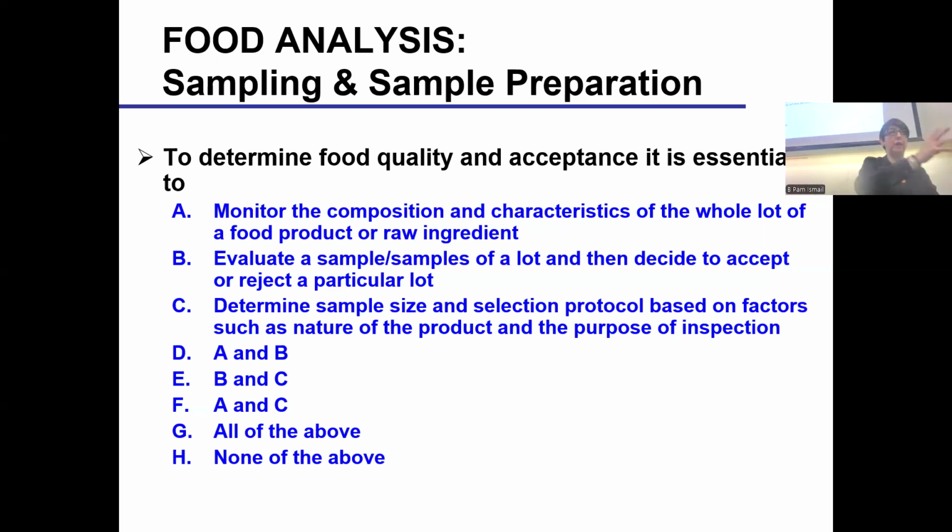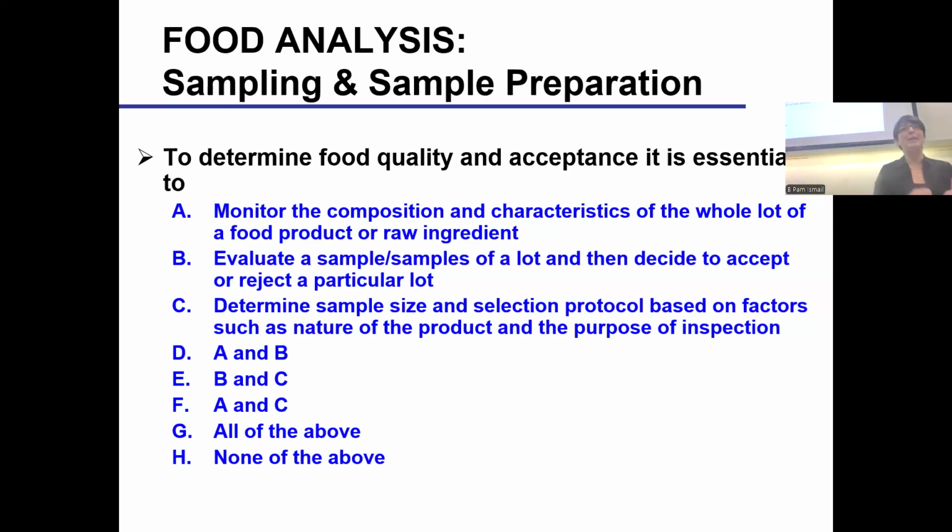So like your grains are all going through the metal detection and it's not destructive and the whole lot can go through. But when you have tons and tons of material and you just want to look at a compositional analysis, you usually do not measure all your material. You take samples, representative samples of the whole lot to do measurements on. So sample size in this case determines sample size.